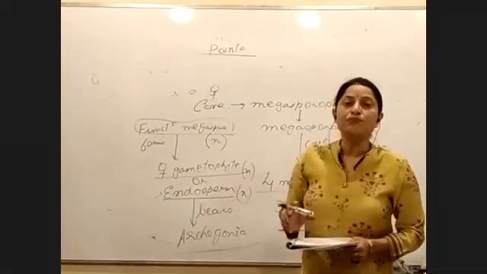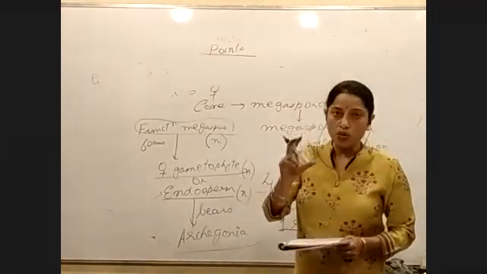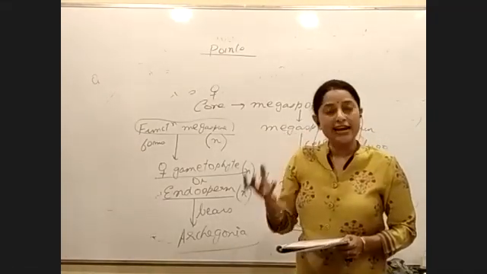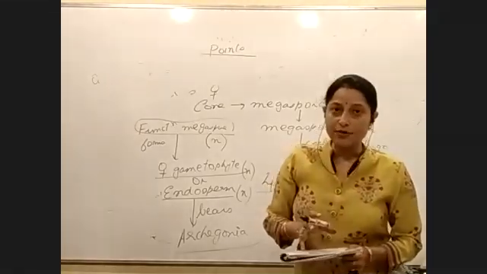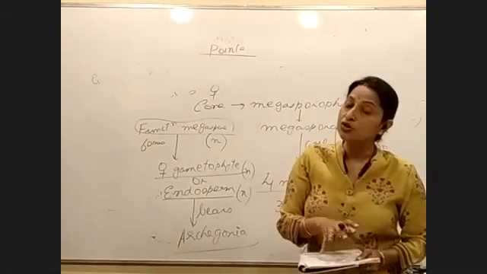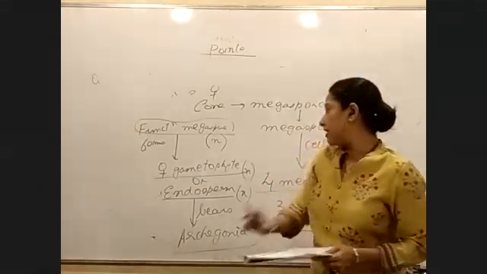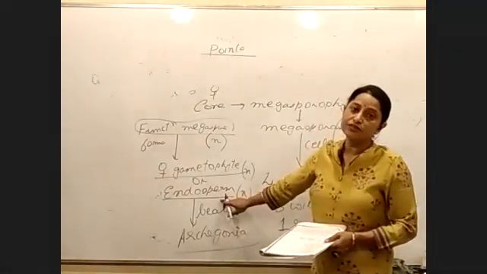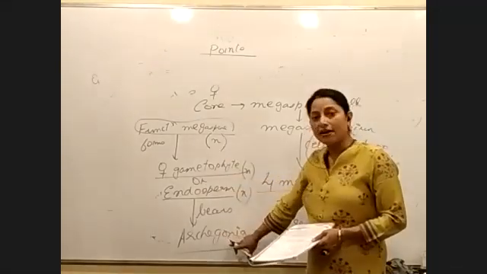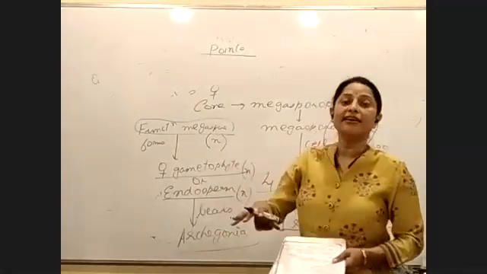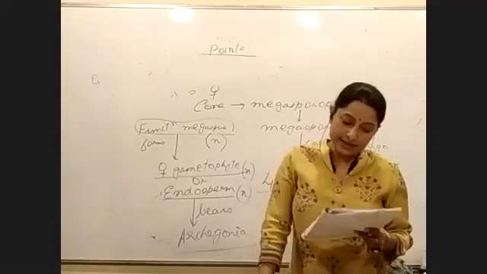So where will the egg be? The leaves have megasporangium, the megasporangium forms megaspores, the megaspore forms a group of tissues called the endosperm. What will be in the endosperm? Archegonia. What will be inside the archegonia? The egg. Is the point clear?